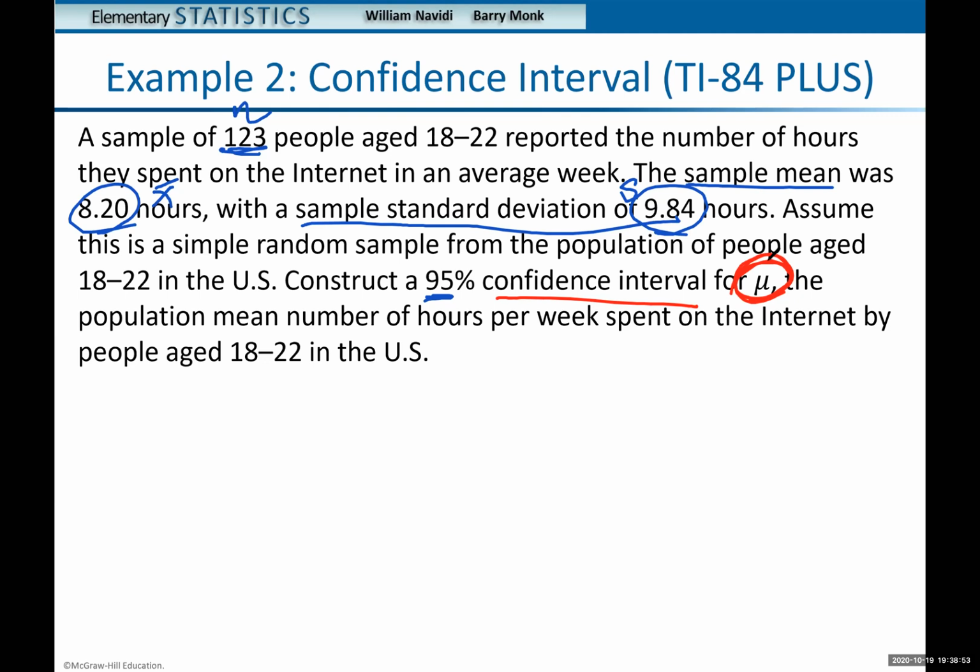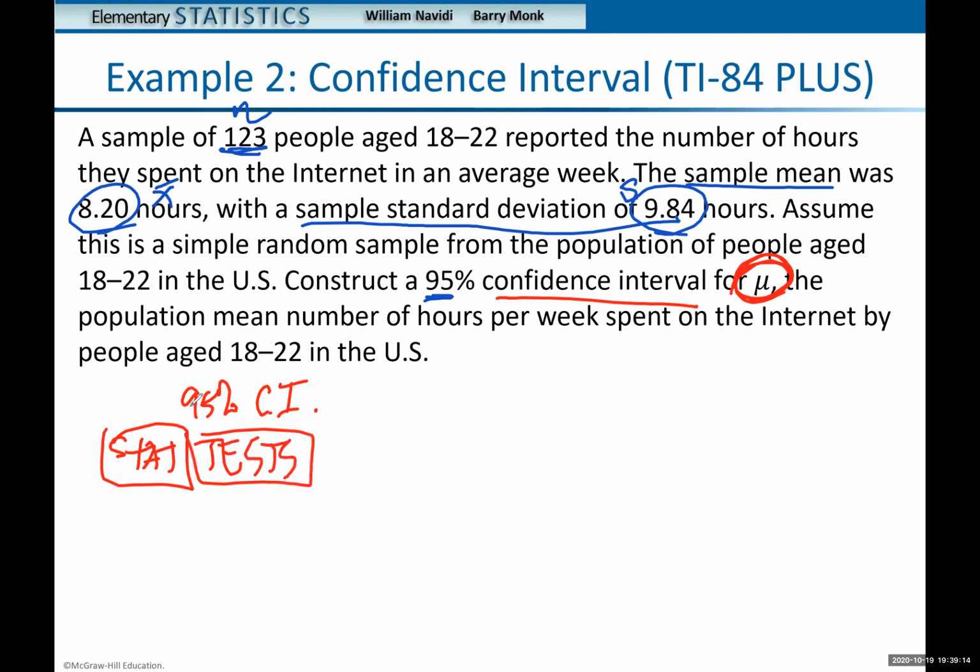All right, so here, this is a confidence interval, so we want to solve for the 95% confidence interval for mu. So again, this is Stat, Tests, T interval.